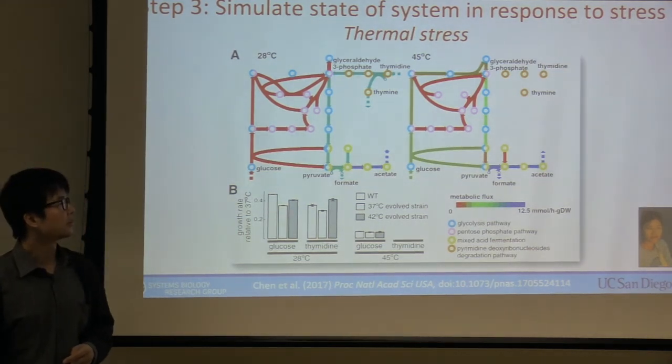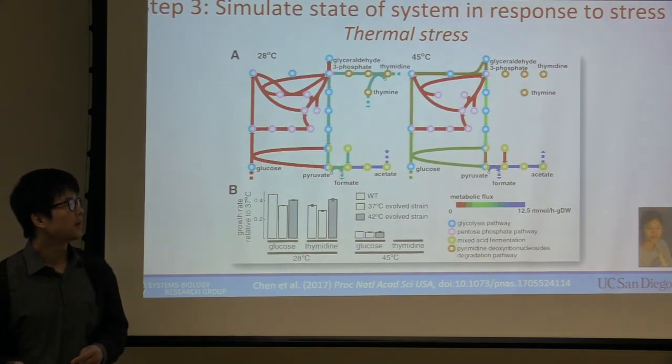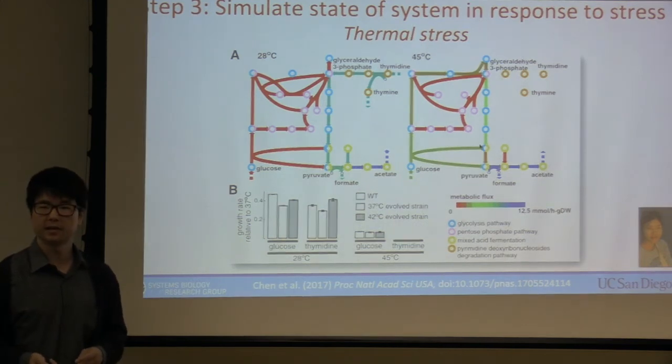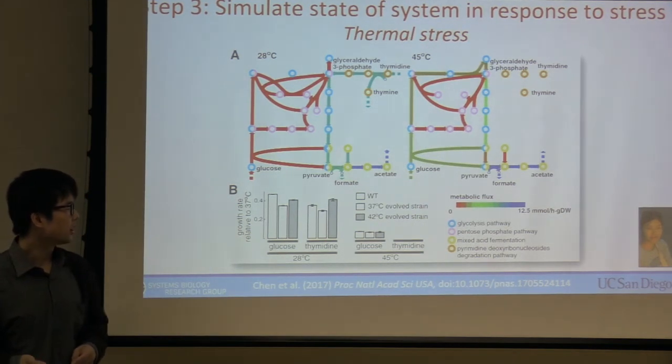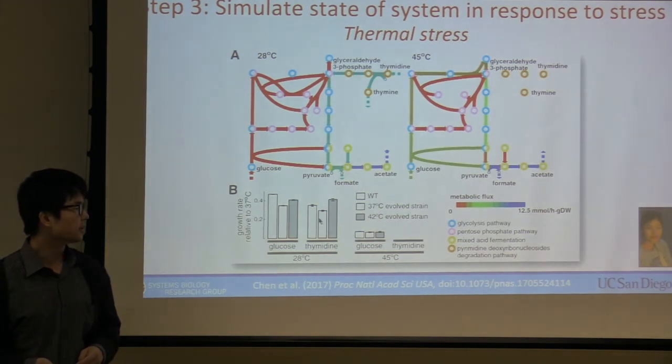So the cell can't really take up thymidine because the pathways that are needed to utilize it are now inactivated, essentially. And so we actually have experimental data to support this prediction, where under low temperature you can use thymidine and glucose, of course. And under high temperature, you can't use thymidine anymore.